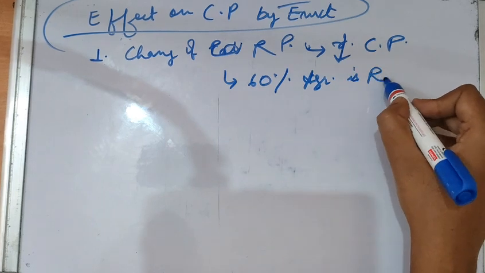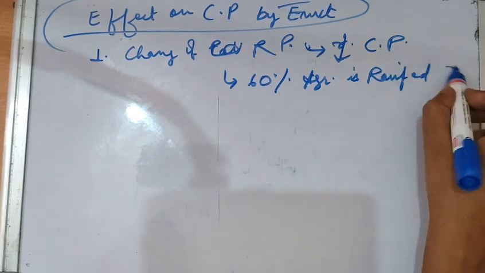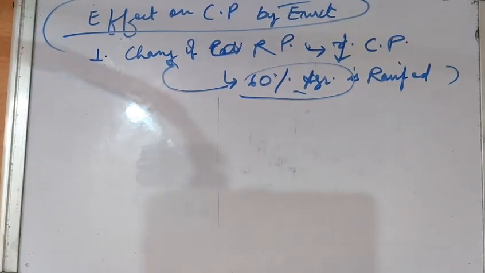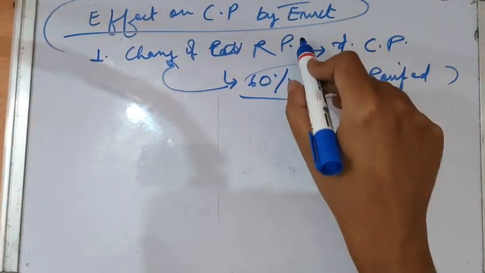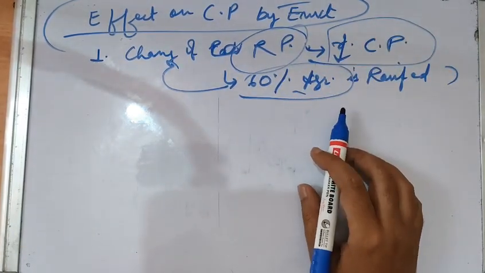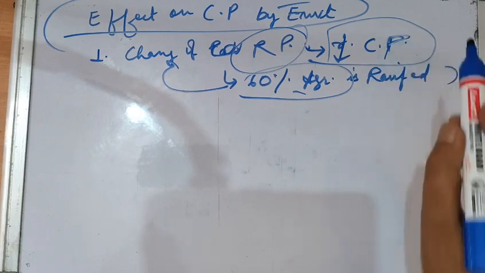That is 60% of our agriculture is dependent directly on rainfall for irrigation. So change in rainfall pattern will severely decrease our crop production.